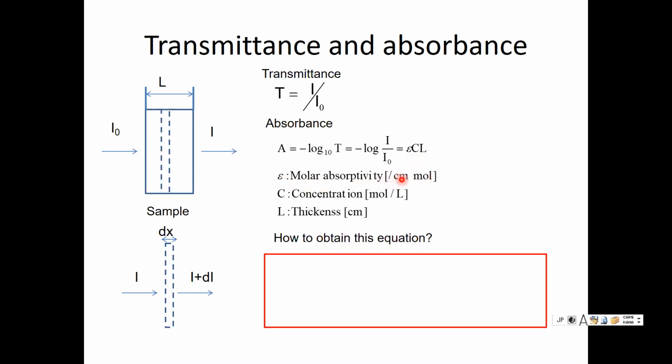This is one of the important properties of molecules. And C is the concentration, and L is the thickness of the cell or sample.